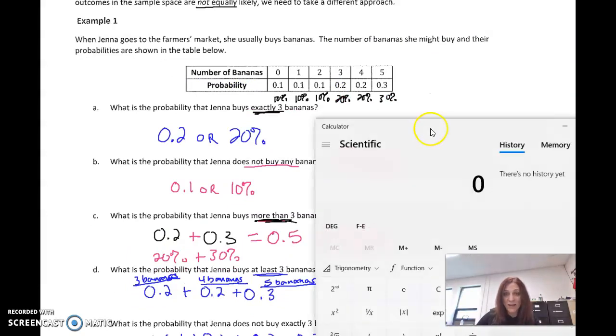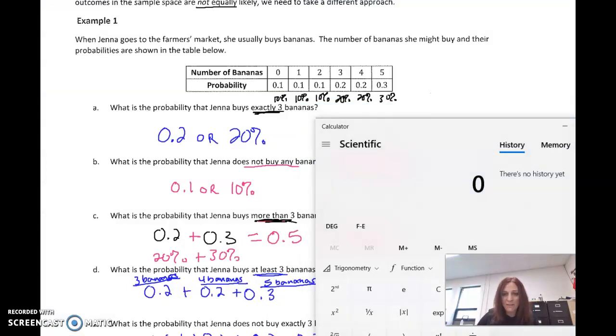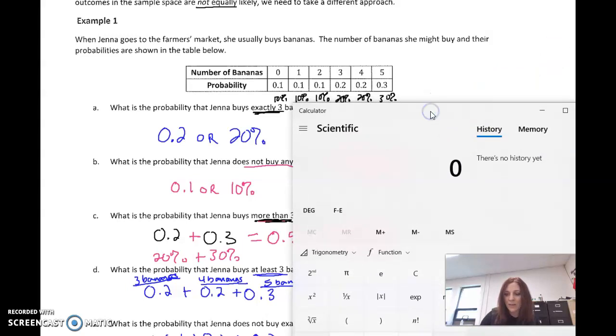If I add all of these up right here, 0.1 plus 0.1 plus 0.1 plus 0.2 plus 0.2 plus 0.3, that's 1, right? If you add up the percents, 10 plus 10 plus 10 plus 20 plus 20 plus 30, 100%, right?